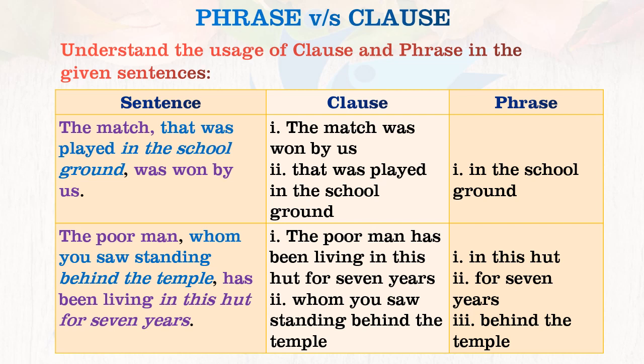This sentence again has several phrases like in this hut, for 7 years and behind the temple. So you noticed that a phrase is a smaller unit than a clause and a clause is a unit of a sentence.